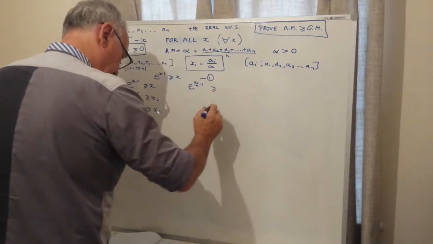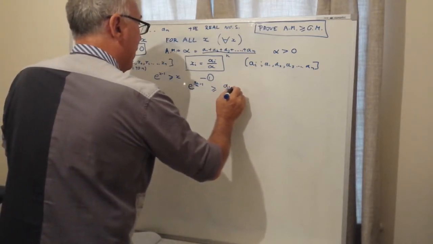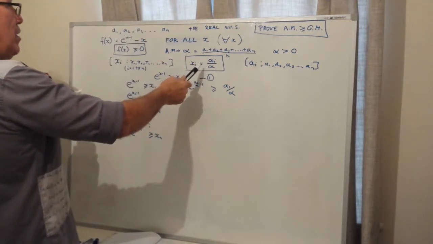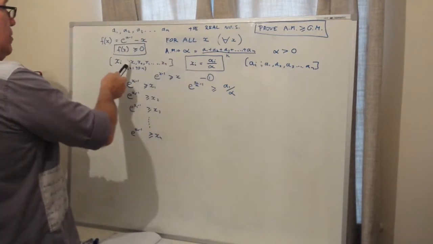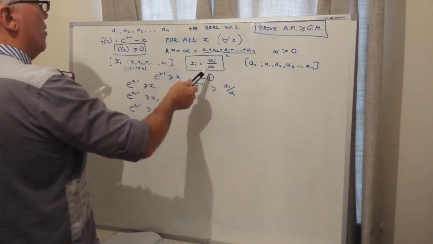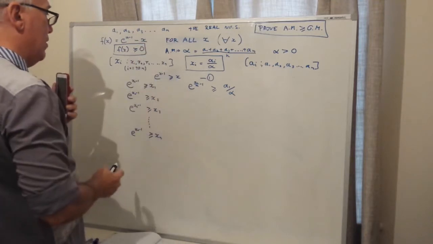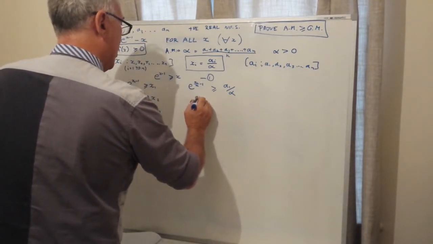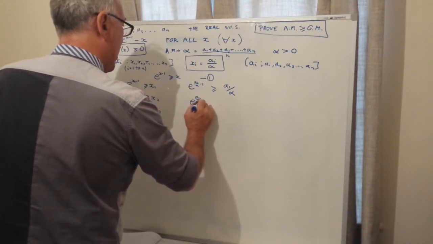a1 over alpha, because we're just substituting all the different terms of xi, x1, x2, x3, and we know that xi is equal to ai over alpha, and here are all our a values. So we've got a bunch of new equations.